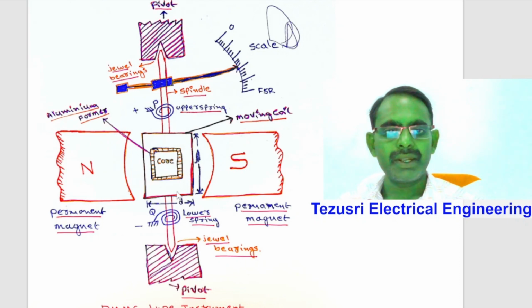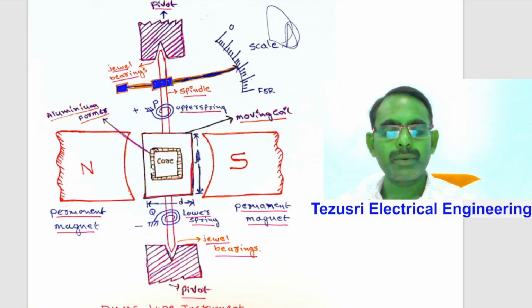In smaller instruments, the number of turns in the coil is smaller, so the air gap between the magnets and the coil is also smaller. Then the volume of the instrument is also smaller. But in large instruments like long scale instruments, the number of turns on the moving coil increases.